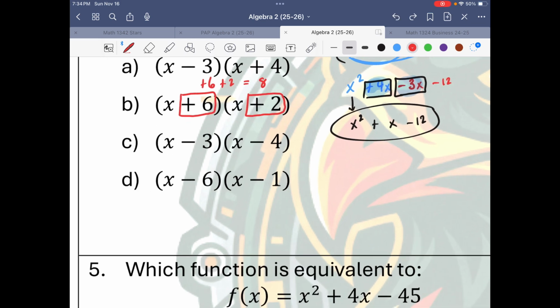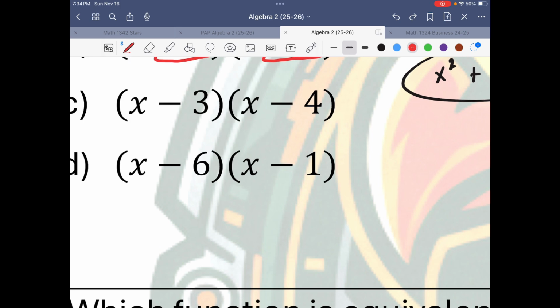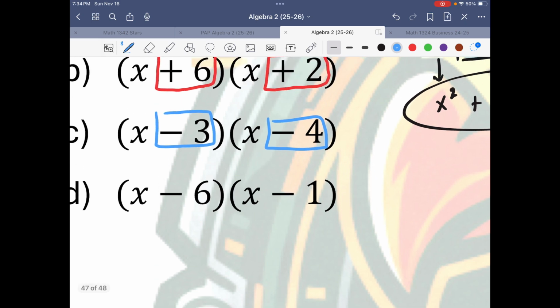Let me try letter C now. Try my shortcut method. Okay. We got negative 3 and a negative 4. Now a negative 3 and a negative 4. Negative 3 minus 4 will give you a negative 7.